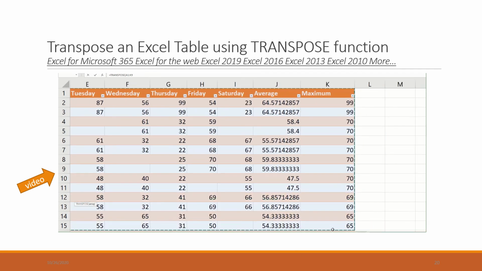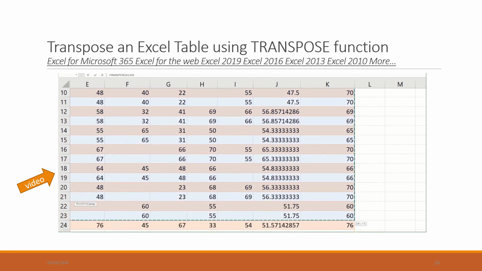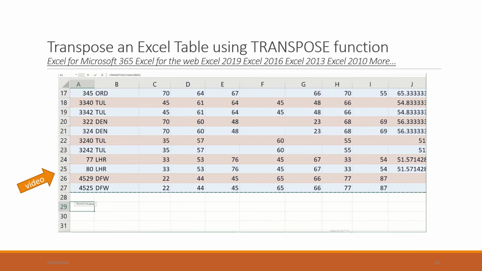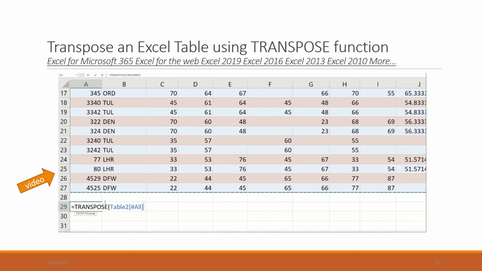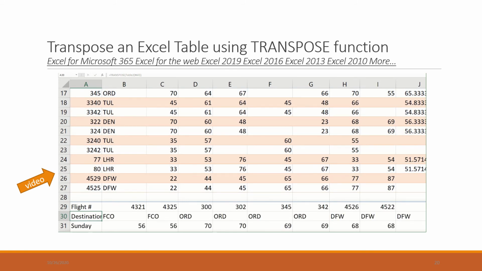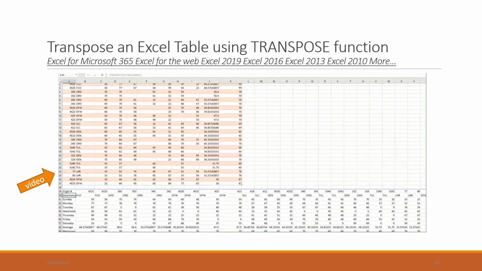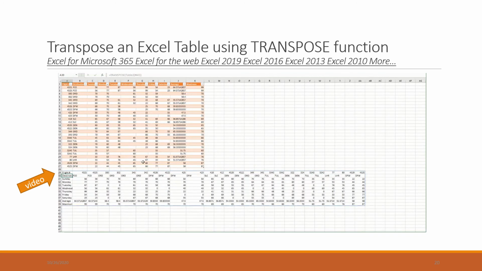You select the table carefully, and then in the transpose formula you specify the table by its name. You close the parenthesis, and there it is. I'm now going to zoom out so you see the result. This is exactly the data in the table transposed in a new range of data the other way around.